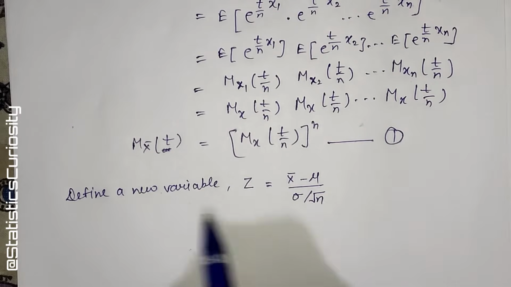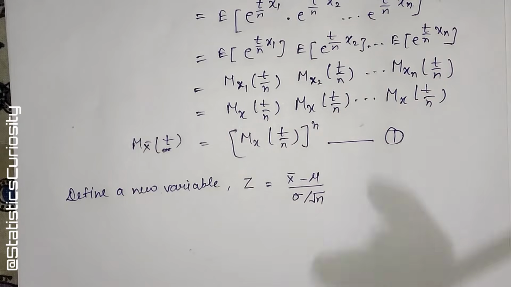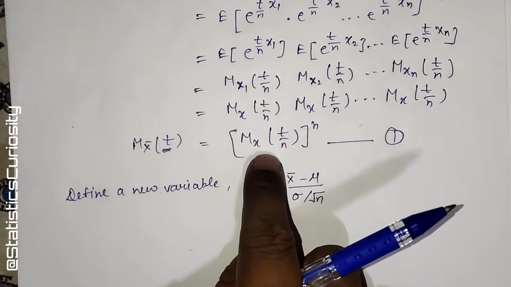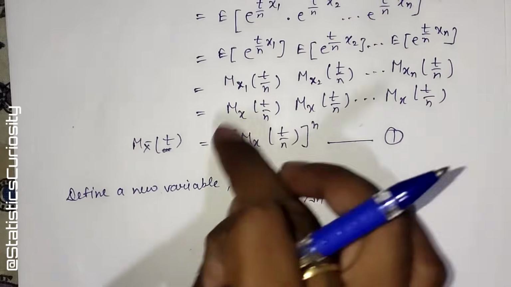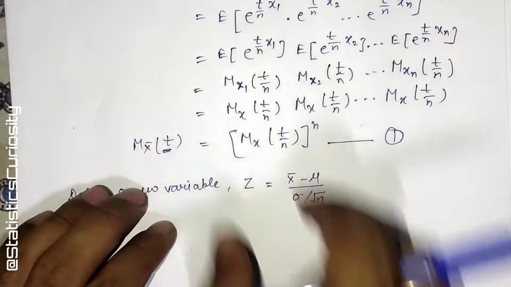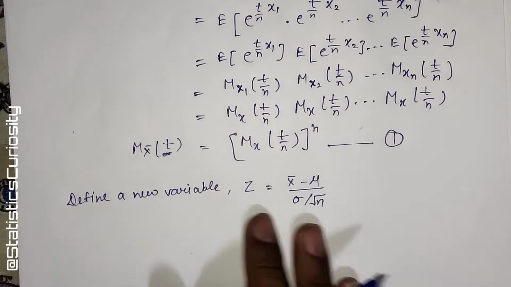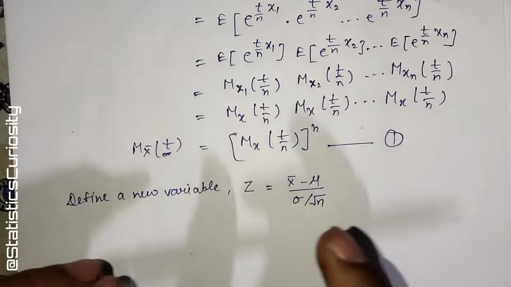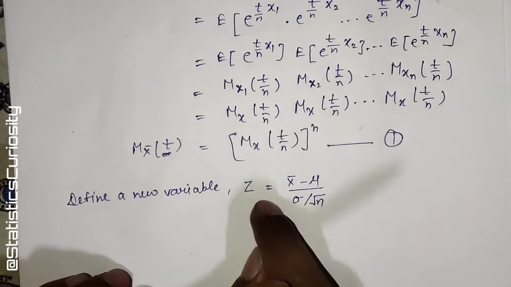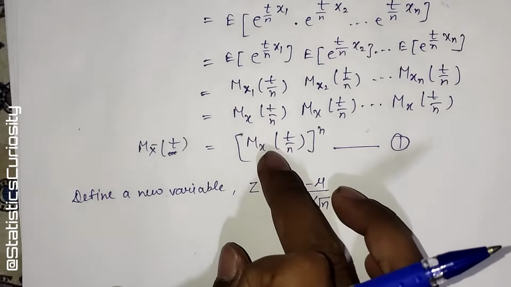We will define this as a new random variable Z. Since we do not know the distribution of X, we cannot substitute the moment generating function of X here. We cannot basically extend equation 1. So we will define a new random variable Z and try to find the distribution of this Z, and the distribution of this Z will help us find the distribution of X bar.